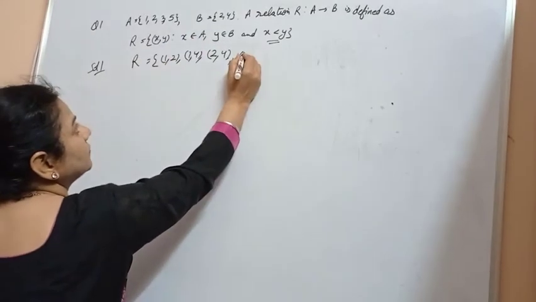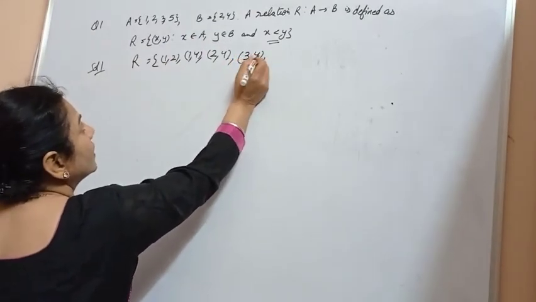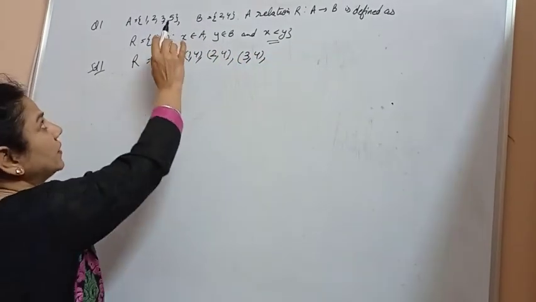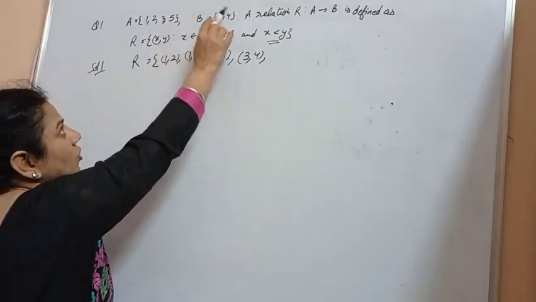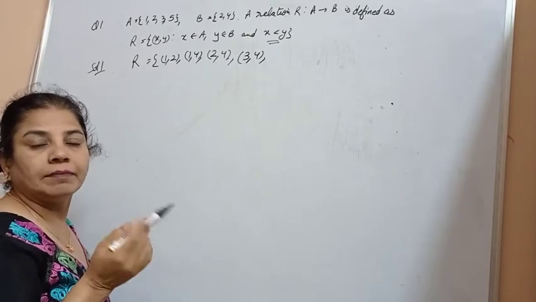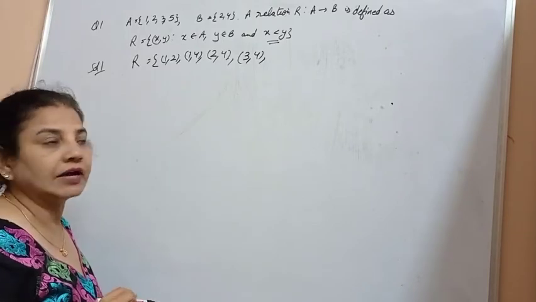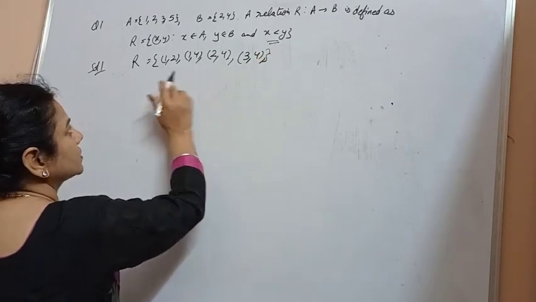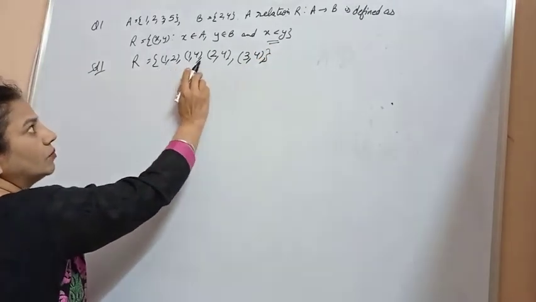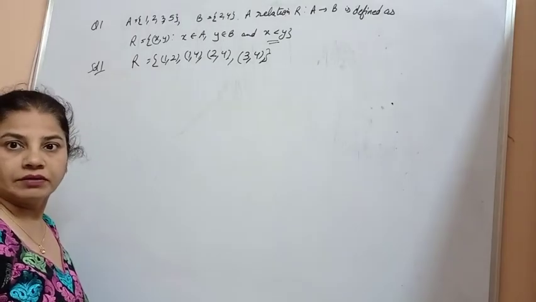Then we proceed with (3, 4). I can't take 5 because 5 cannot be mapped with 2 and 5 cannot be mapped with 4 also. Why? Because 2 and 4 both are less than 5. So we need x less than y. So only this relation: (1, 2), (1, 4), (2, 4), (3, 4).